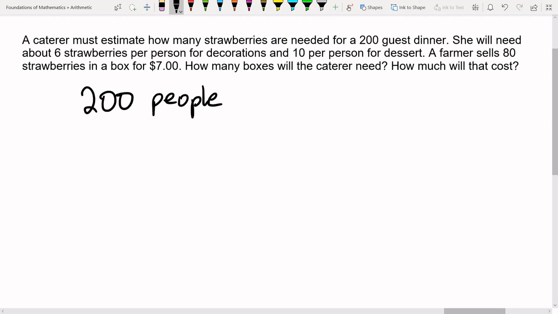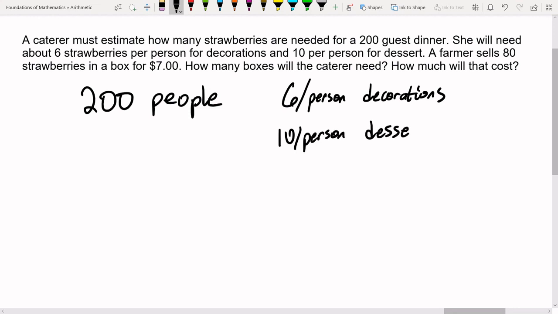And there are 6 strawberries per person for decorations, and 10 per person for dessert. A farmer sells 80 strawberries in a box for $7. How many boxes are needed and how much will that cost?